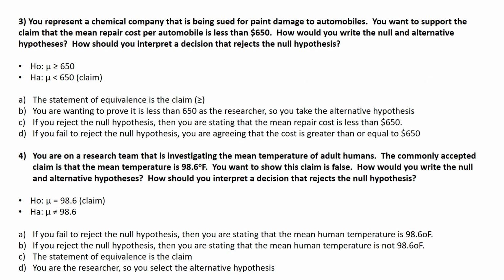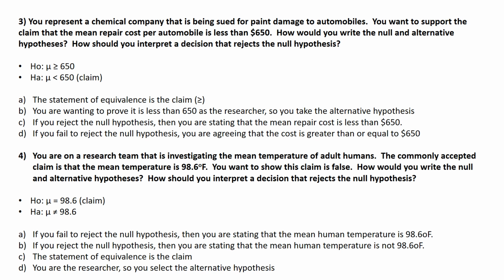Let's look at two more examples here for setting up these claims and interpreting them. You represent a chemical company that's being sued for paint damage to automobiles. You want to support the claim that the mean repair cost per automobile is less than $650. I see the words less than, I know it's going to be the alternate hypothesis. So the equality statement has to be in the null, which is going to be greater than or equal to, the opposite direction.